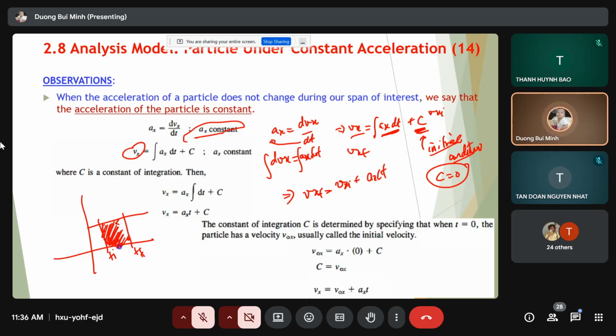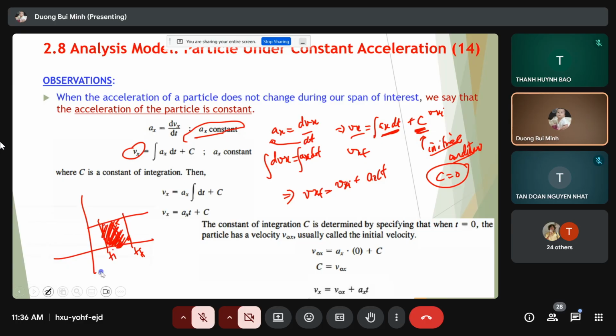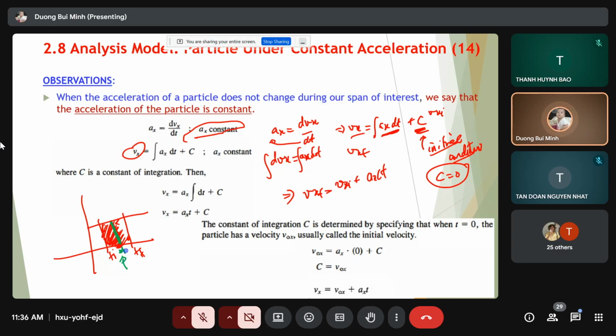If delta t is very small, you can get a very small area. So if we take the instantaneous time, you can get Ax times t. So finally, you can get Vxf is Vxi plus Ax times t according to calculus.